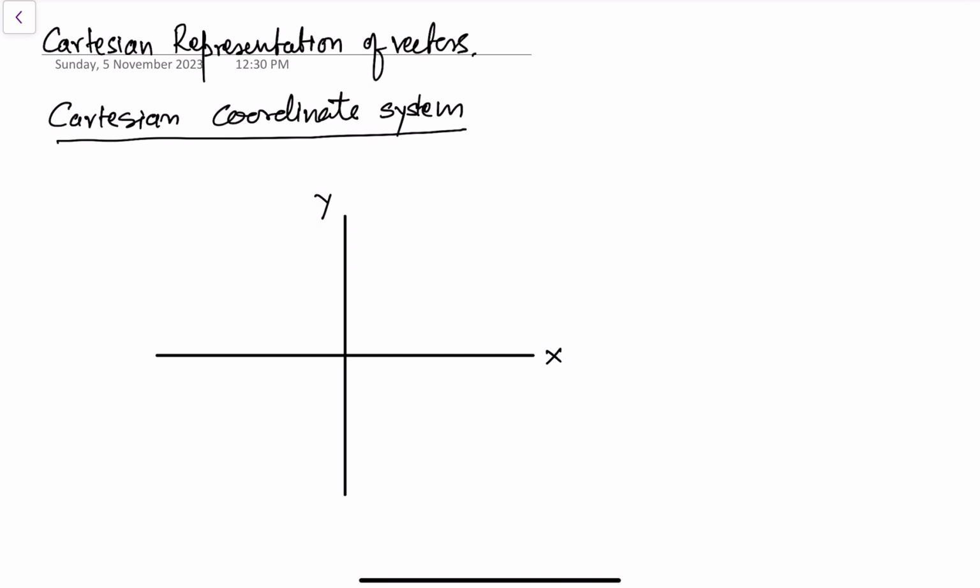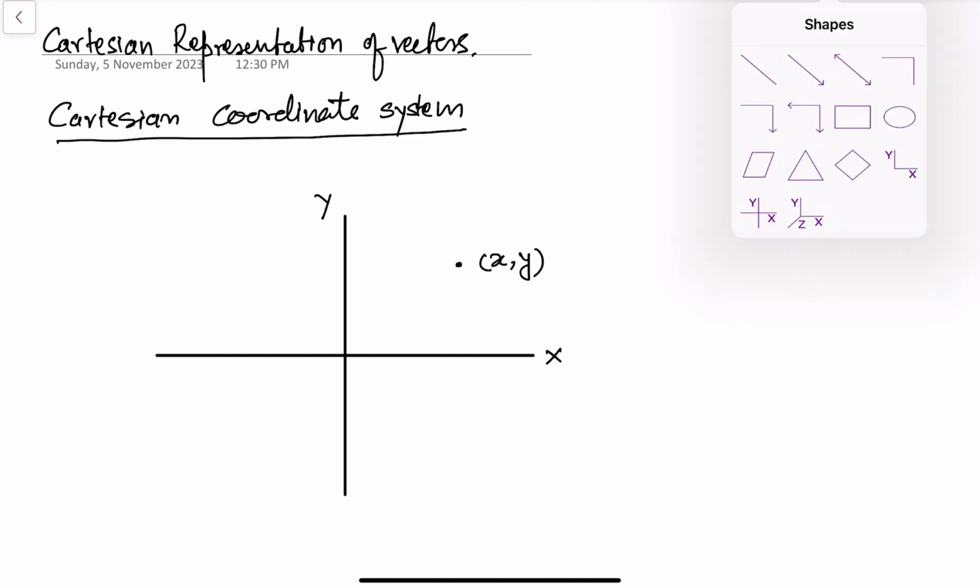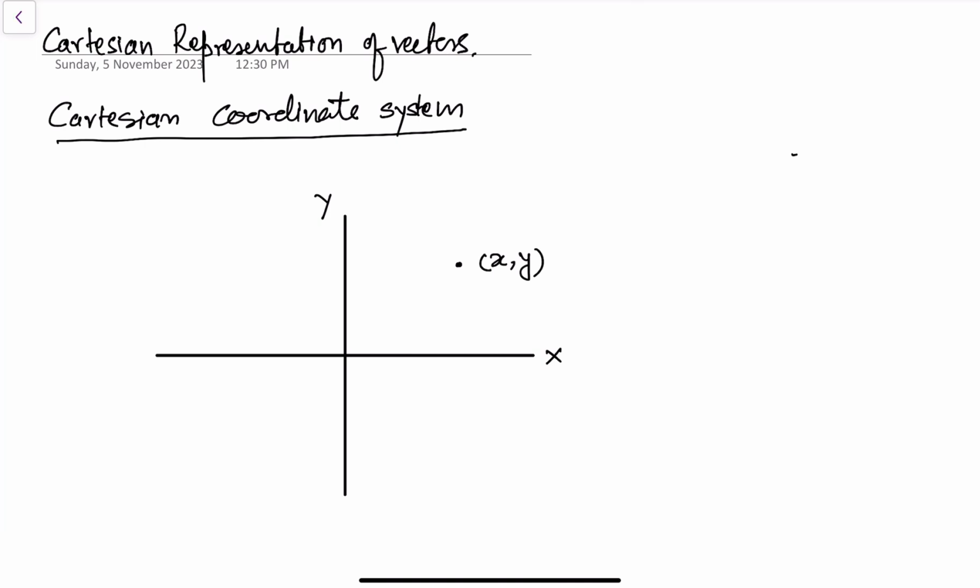Okay, and if you take any point here, then it has two coordinates. Okay, these coordinates are x comma y. If you take Cartesian coordinate system in 3 dimensions, then it has 3 coordinates.